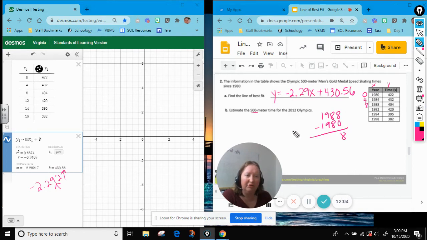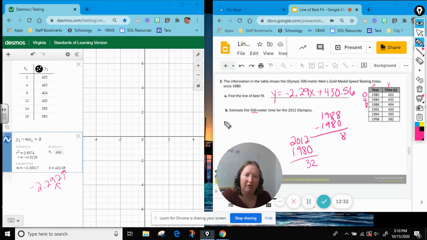Those are inputs. I'm looking for an output for the input of 2012. So what we have to do is subtract 1980 from 2012. I'm just thinking 1990, that's 10 years, 2000, that's 20 years, and then 32. So 32 is our X value. So what we're doing is we're going to substitute in here.